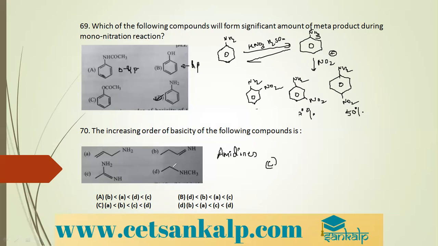Then look at the other options. There is NH and there is a double bond. Here the electrons are pulled away, so nitrogen will not give its electrons. So it's least basic, so B comes first. Here there are two options, but C being the most basic, this is the correct option. So option A is the correct option.